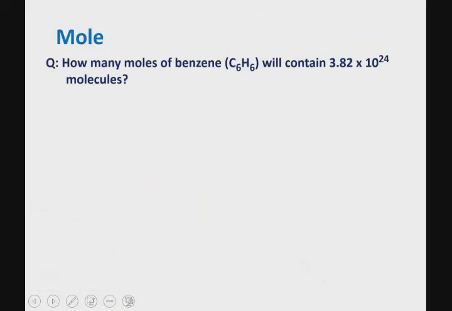Okay, so here's another problem in which we are being asked to calculate moles of benzene, C6H6, from given molecules of benzene. So once again, please ask yourself, which are the 2 units that are being converted from and to? In this case, we want to go from molecules to moles.